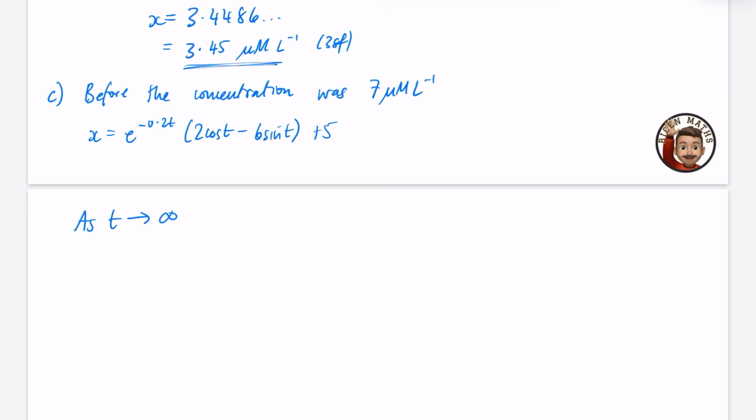However, there is this thing outside the front of it. What happens to e to the minus 0.2t as t goes towards infinity? Well, if you do e to the power of a very large negative number, it goes towards 0. Hence, this means that x is going to go towards, this whole part here is 0, and there is a 5.